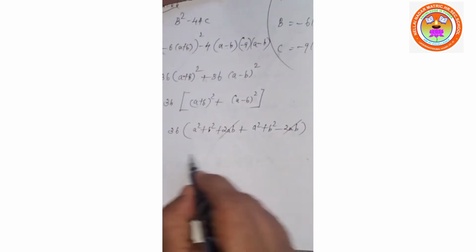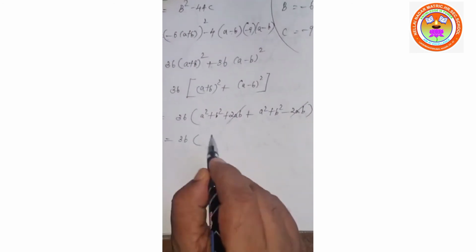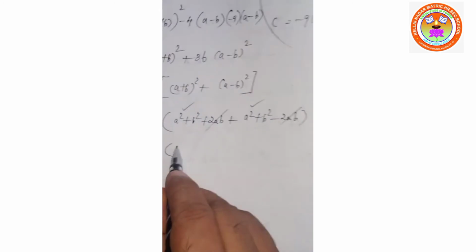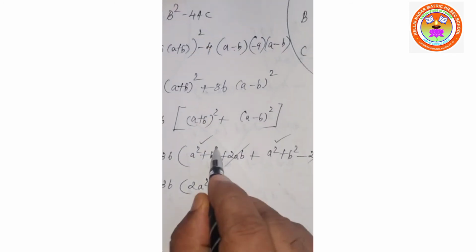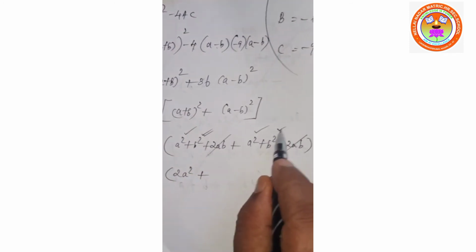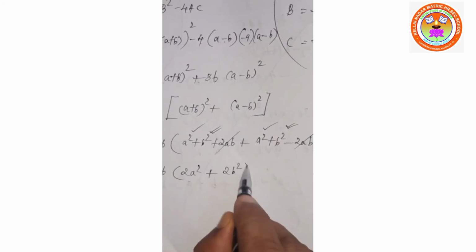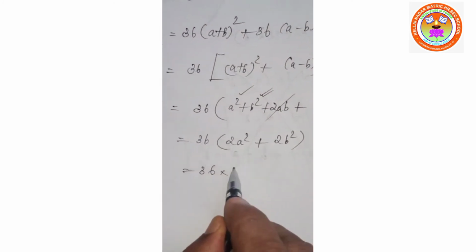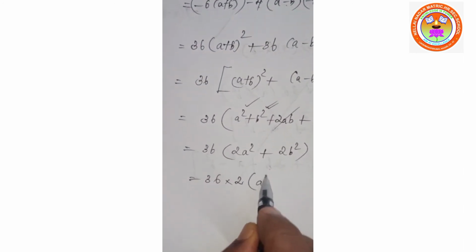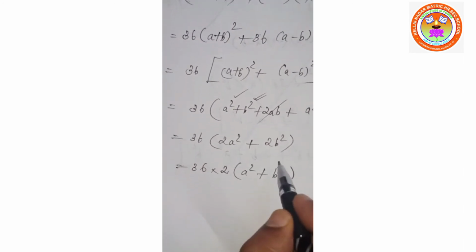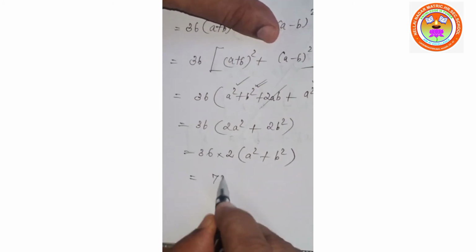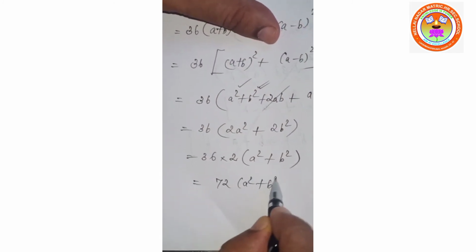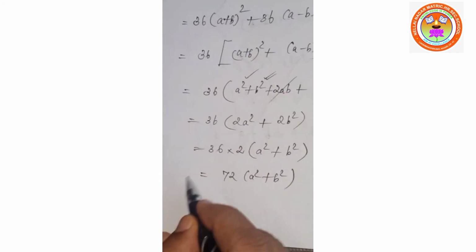Plus 2ab minus 2ab get cancelled. 36 into a square plus a square, that is 2a square, b square plus b square, that is 2b square. 36 into, from these two we can take 2 as common. If we take 2 as common, a square will be there plus b square will be there. 36 twos are 72. 72 into a square plus b square, that is delta.